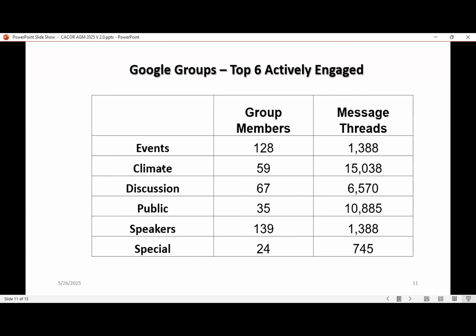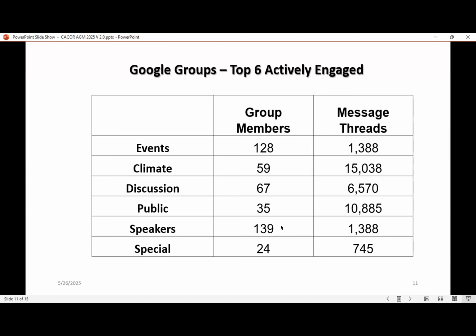Climate is quite active. As you can see, 15,000 threads going on it. We do have Cacor Public, which is open to the public. All the others are in fact behind a wall. We have speakers, which is very good.